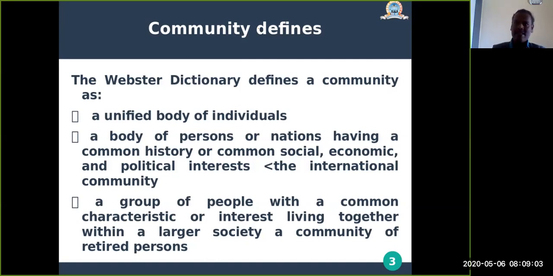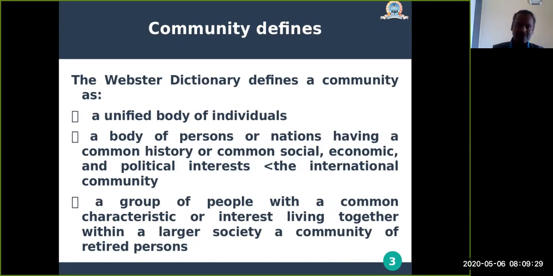Though they are living in Zambia, they are an Indian community because they share a common history, socio-economic and political interest. They are not part of Zambian society in that sense, but part of Indian society because of their common history, socio-economic and political interest.